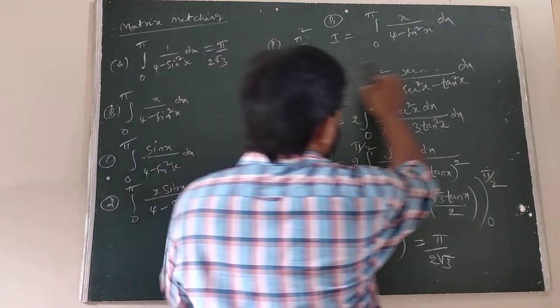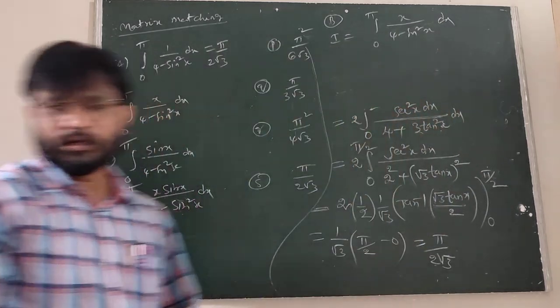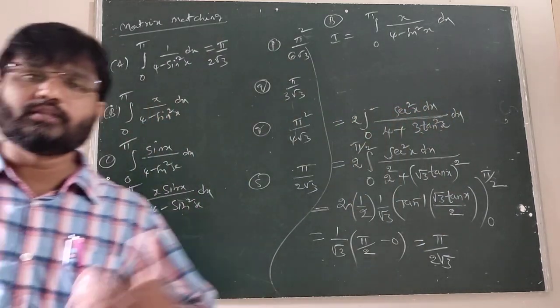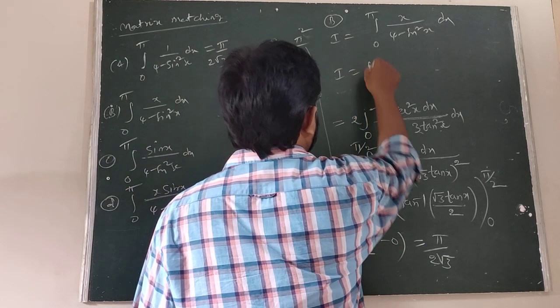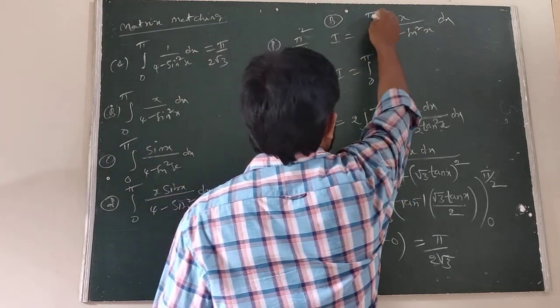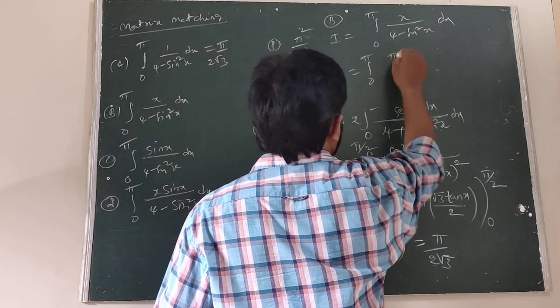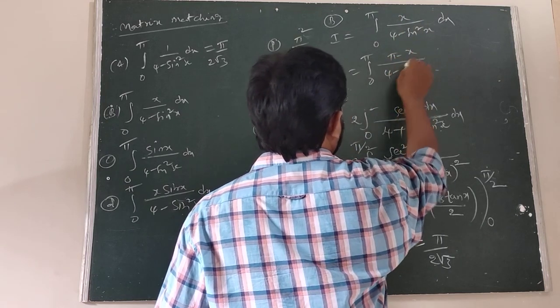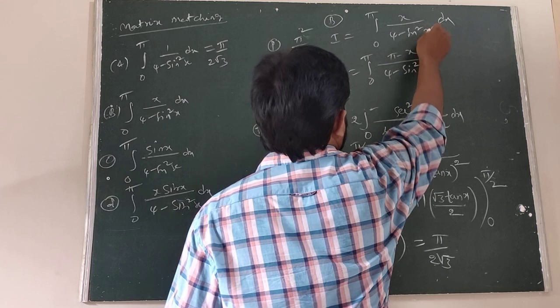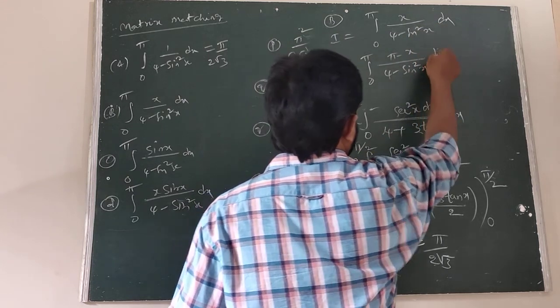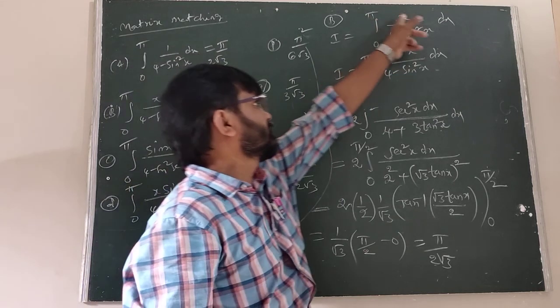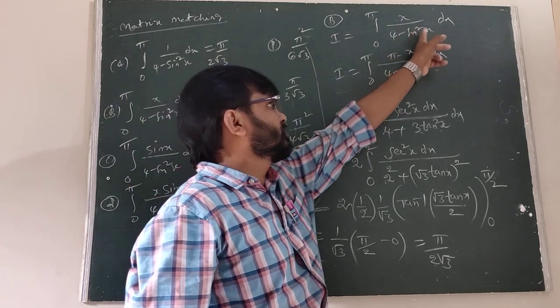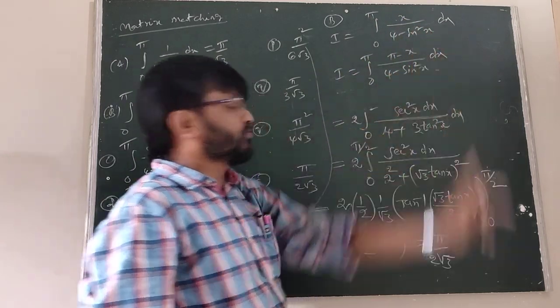This is the form of integral 0 to a of f of x equals integral 0 to a of f of a minus x. That is I equals integral 0 to pi of pi minus x over 4 minus sine square of pi minus x. Sine of pi minus x is sine x, so we replace x by pi minus x. Sine square pi minus x is sine square x.